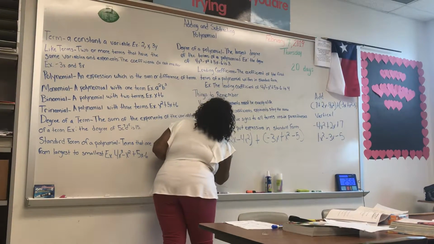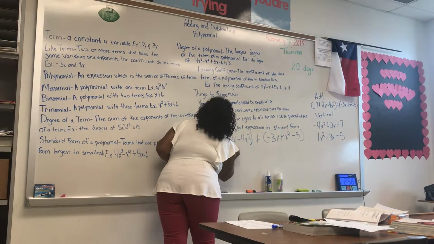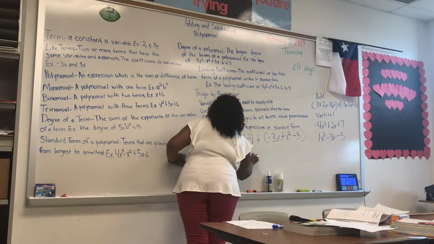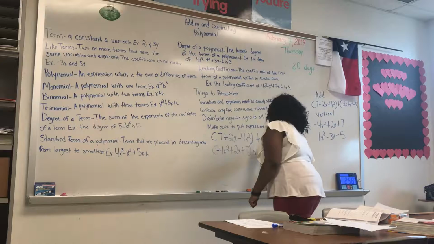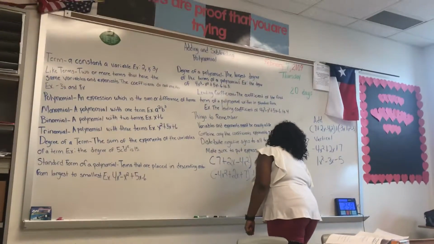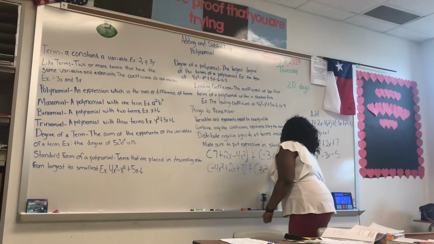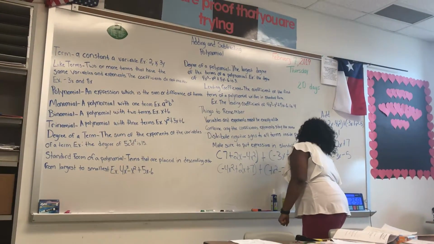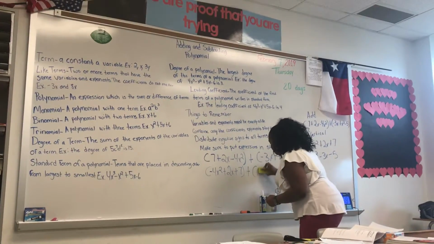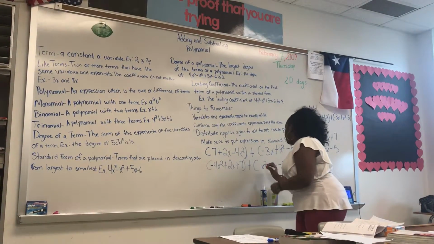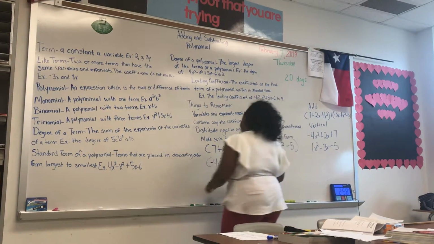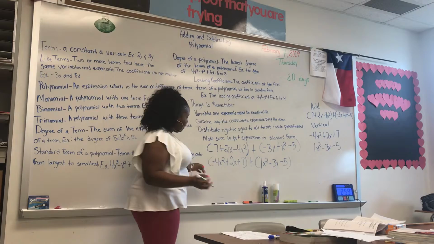Parentheses, negative 4x squared plus 2x plus 7, plus 1x squared minus 3x minus 5. Let me make that clear so you don't think that's a negative. It's 1. All right, so I like to do something like this.